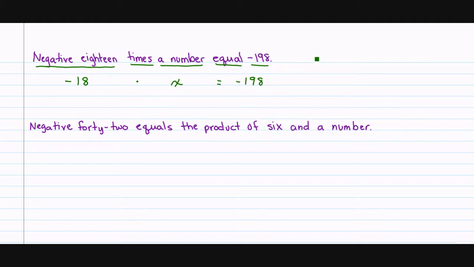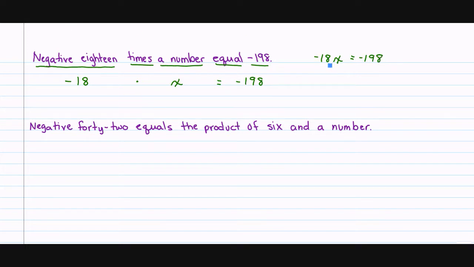So I'm going to rewrite my problem over here. Remember, when multiplying, I just have to push the coefficient and the variable together, equals negative 198. Now I'm ready to solve.